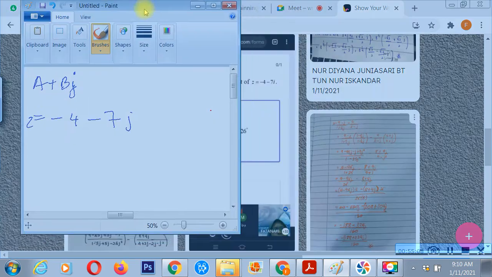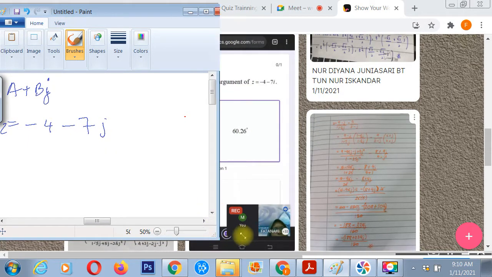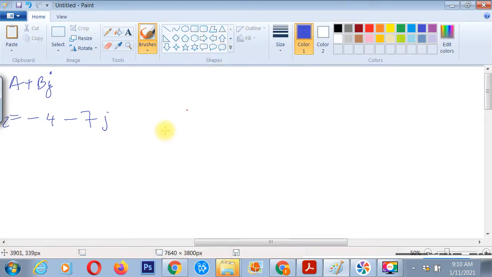Alright. So first of all, what else should be in your mind? You should draw. That's the main thing. How to draw this? It's easy, because it's already a plus bj. This is the real number axis, and this is the imaginary number for the y axis.